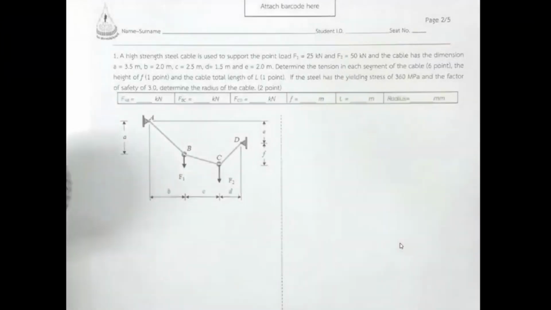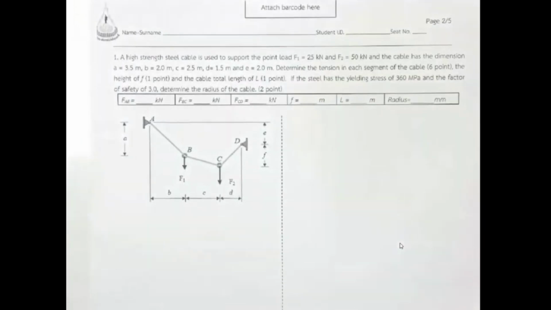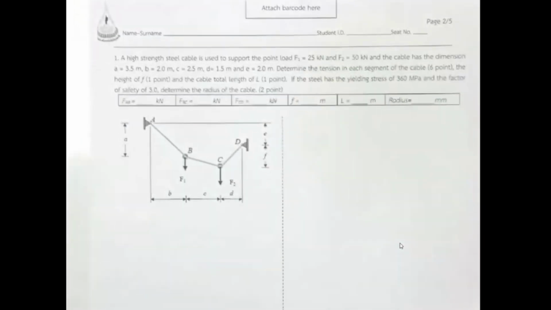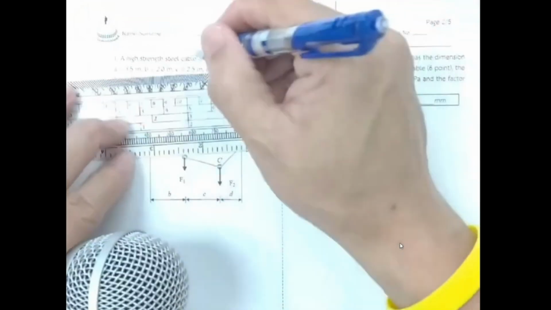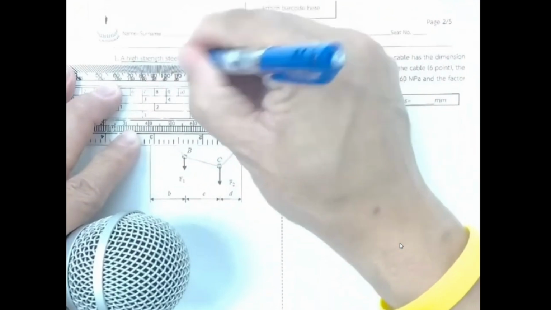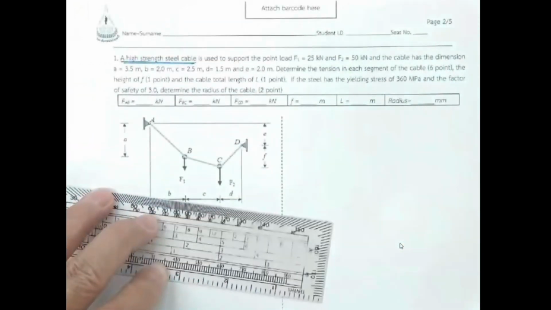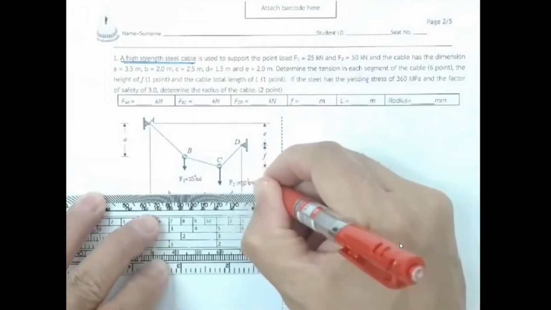Many years ago, Ajahn had this kind of midterm examination problem, and let us work on this one. The cable over here is built on high strength steel, and it supports forces of 25 kilonewton for F1 and 50 kilonewton for F2.